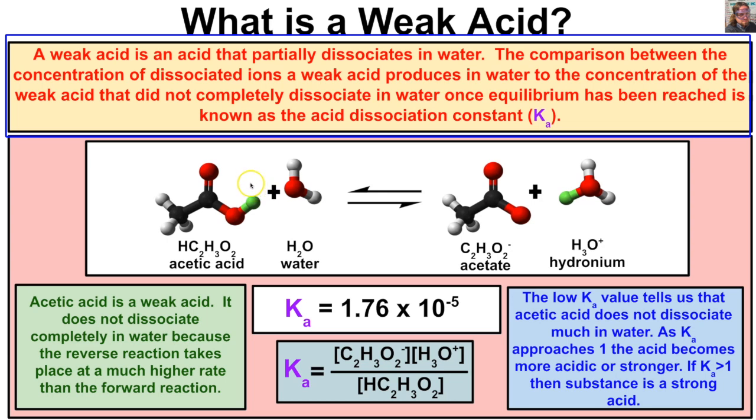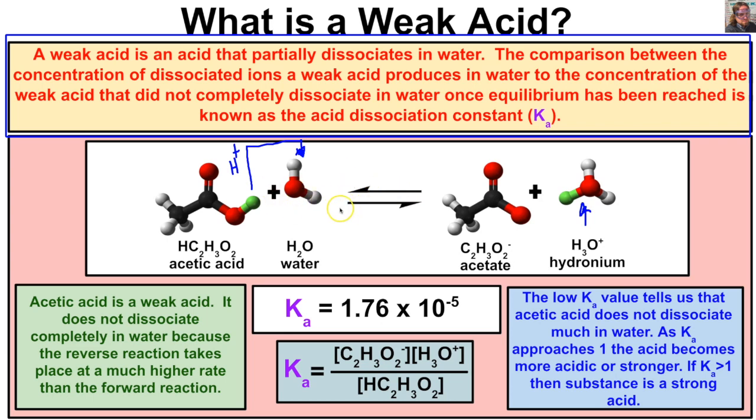It's not going to dissociate completely, and according to the Brønsted-Lowry model of acids and bases, this hydrogen right here is going to get donated to this water molecule, producing hydronium. And when this H plus gets donated to this water, it's going to leave behind, or produce, acetate ions over here. According to the Brønsted-Lowry model, acids are H plus donors and bases are H plus acceptors.